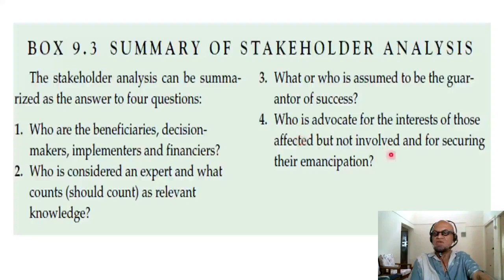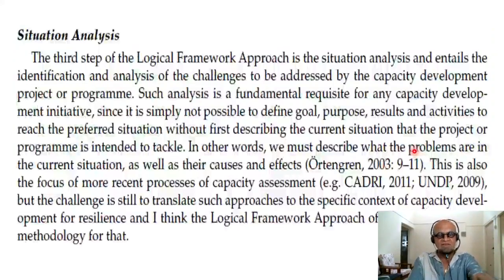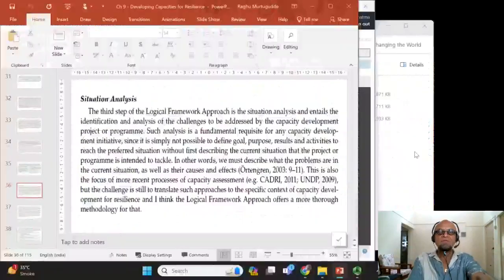So who is the advocate for interests of those affected but not involved and for securing their emancipation, in this case making sure that they are in fact benefiting from capacity development initiatives so that their own resilience is also visibly, quantifiably improving?